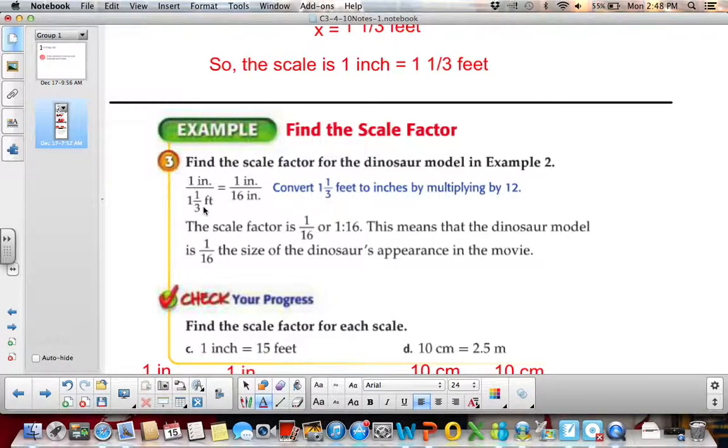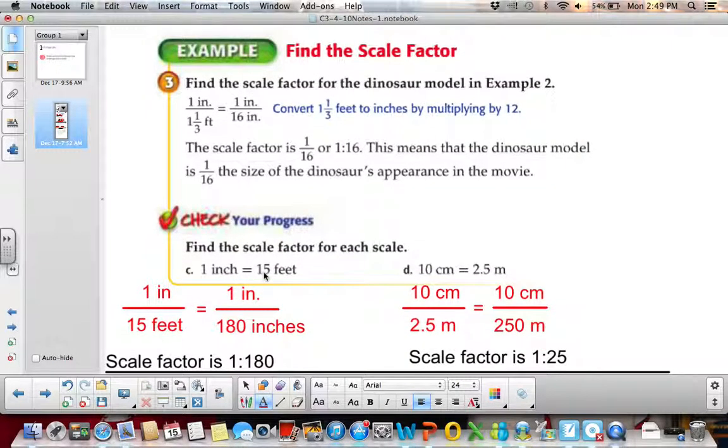Here's our scale, 1 inch over 1 1/3 feet, and we want to convert our feet to inches. We know that there are 12 inches in 1 foot, so we multiply 1 1/3 times 12, and we get 16 inches. So our scale factor is 1/16, which tells us that the dinosaur model is 1/16 the size of the actual dinosaur in the movie.